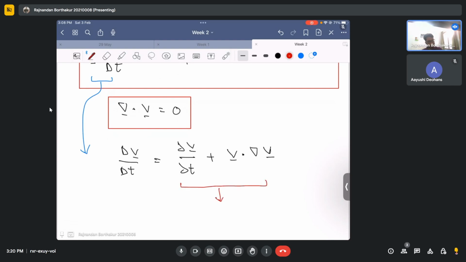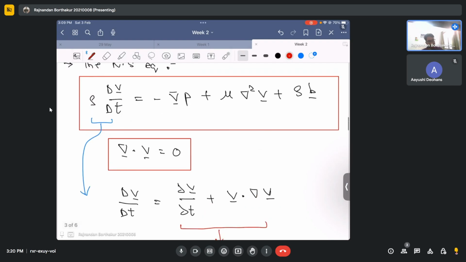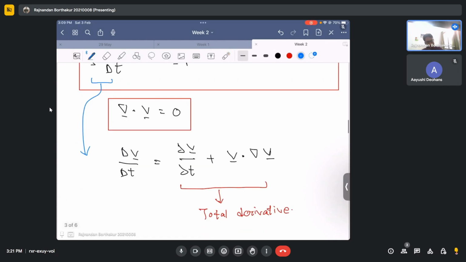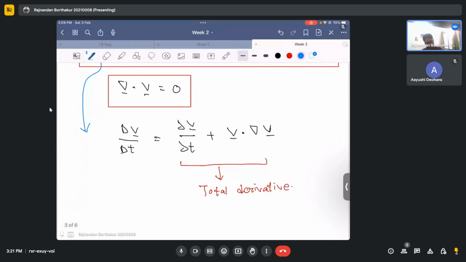So this term is the temporal term, and this is the convective term, and together this is the total derivative, which is obviously correct. But physically, the answer I was looking for is that this term, rho times the total derivative of the velocity field, actually denotes the force due to inertia. So that's what I will write here. So this denotes the force due to inertia.